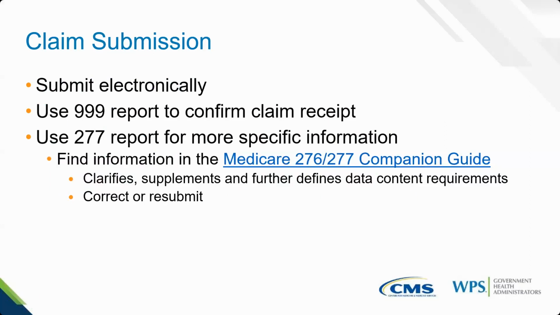Most providers submit claims electronically. Very few have an exception to submit claims on paper. There's actually a law that prohibits us from making payment on paper claims unless the provider has an exception to do so. Now, to confirm claim receipt, providers should use the 999 report. Use the 277 report for more specific information.